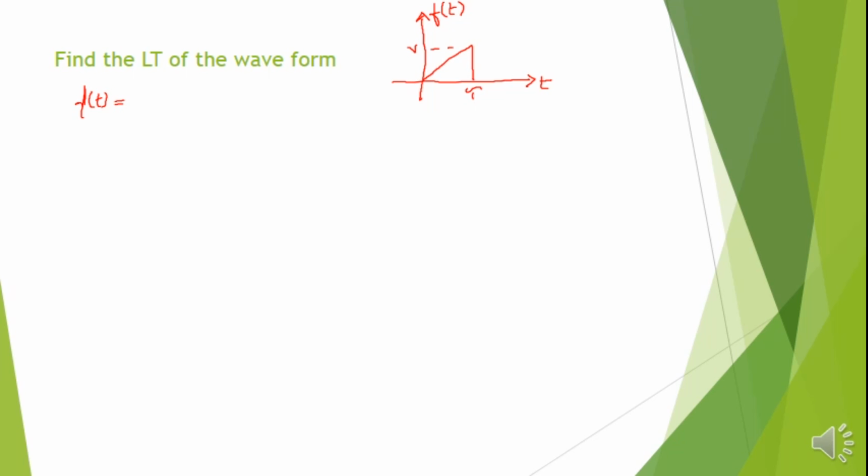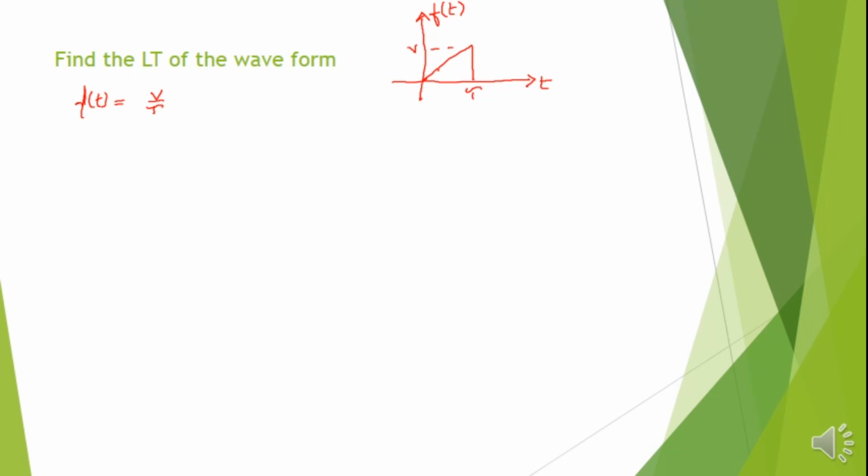Then what is the second step? Check the slope of the line that starts from t equal to 0. The slope of this line, which starts from 0, is V by tau. Change in y by change in x is the slope.